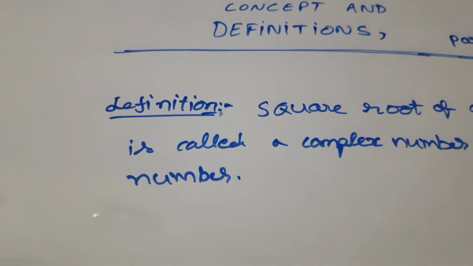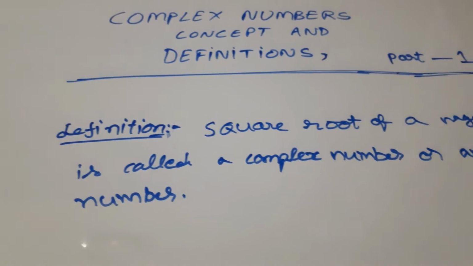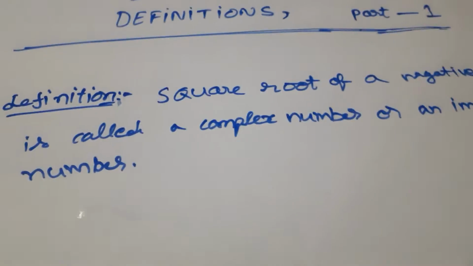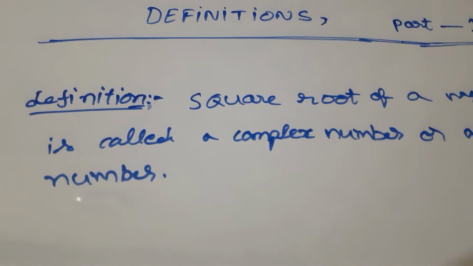So what is the definition of a complex number or imaginary number? A square root of a negative number. Square root of a negative number is called a complex number or an imaginary number.